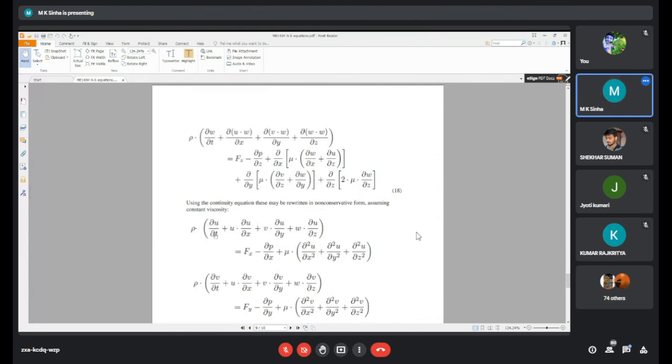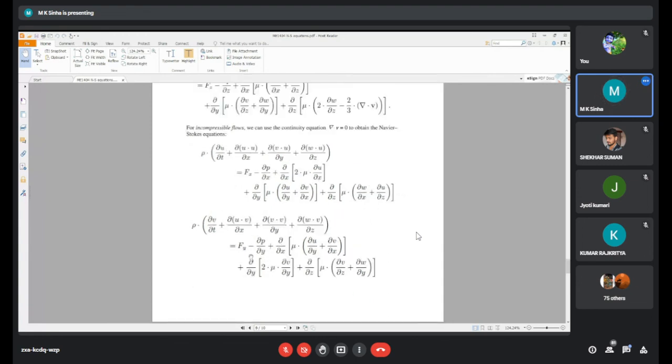See, del u by del t plus u dot, one u we have taken outside, del u by del x plus v dot del u by del y plus w del u by del z, and on the right side minus del p by del x.